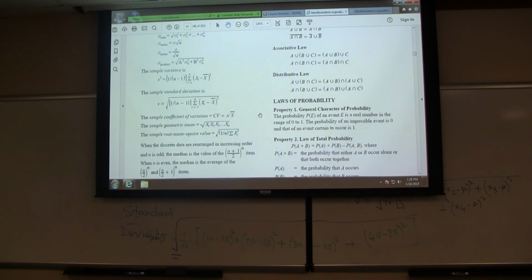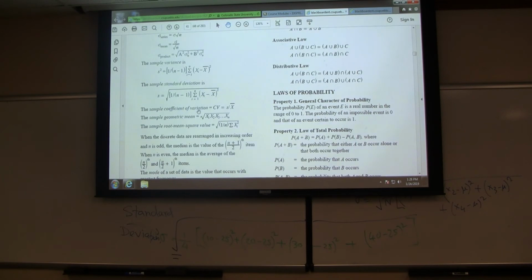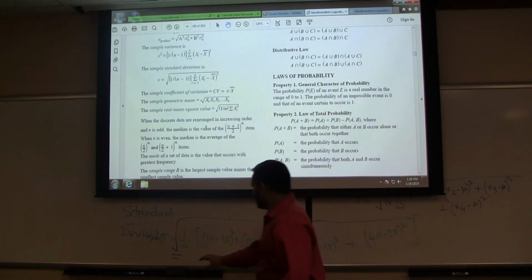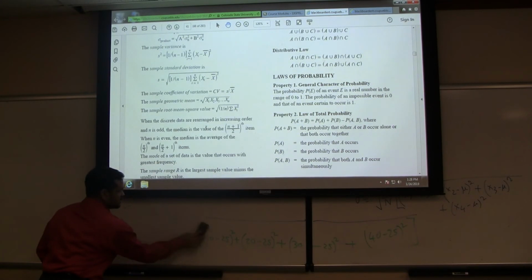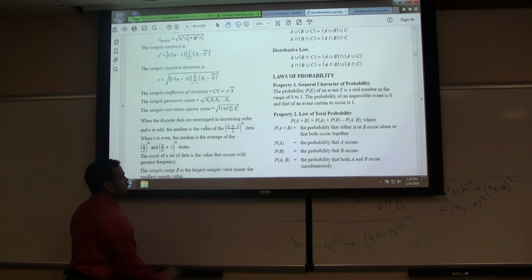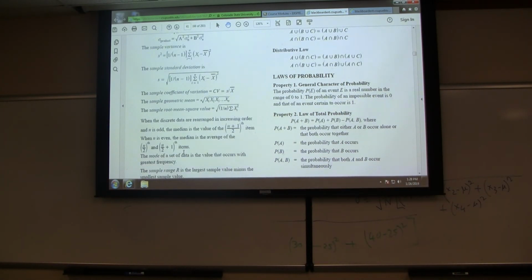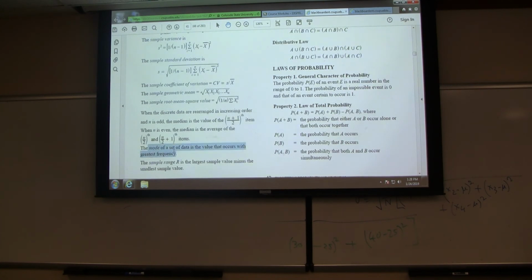Okay, next I will talk. I think here you can do everything now. Other thing is that next we will discuss the median and mode. So what is mode?